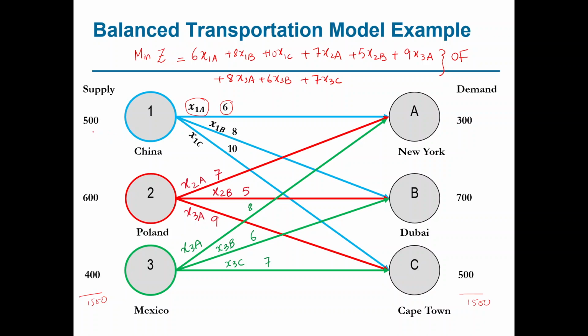We know that the quantity that can be shipped from China is 500 units, and the quantity shipped from China is represented by x1a plus x1b plus x1c. Since it's a balanced transportation problem, we will use an equality sign here. This should be equal to 500.